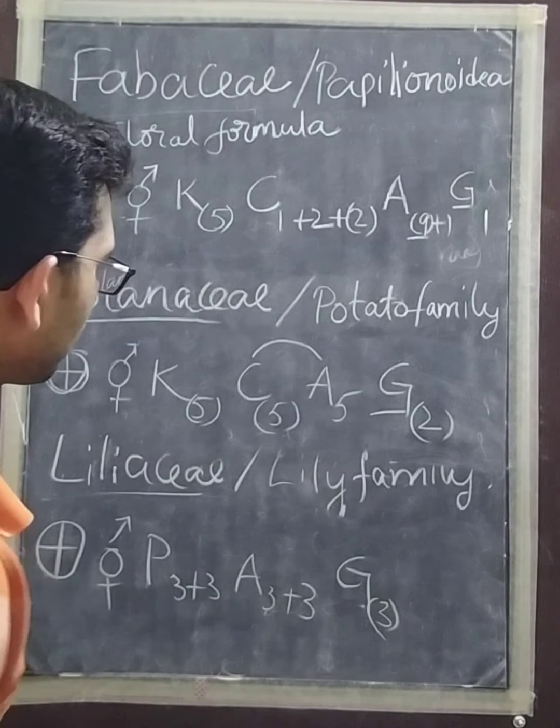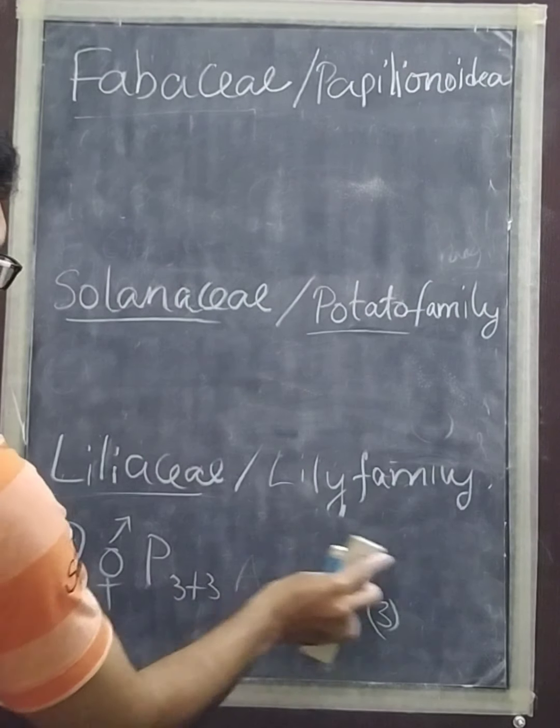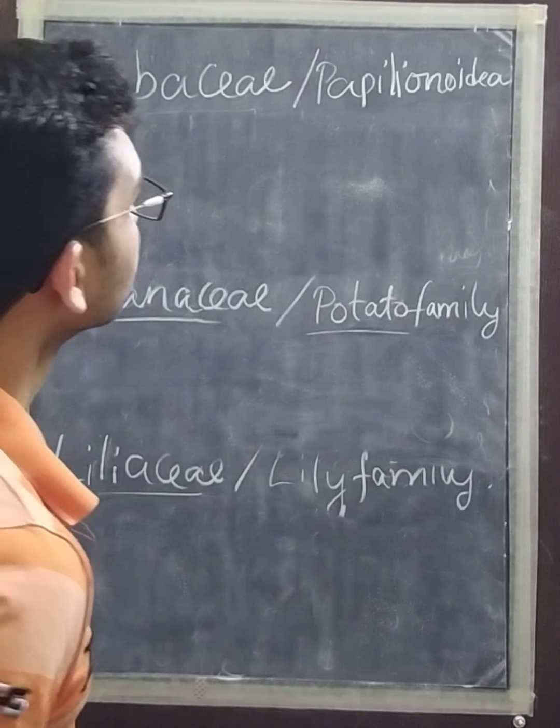Now after discussing the floral formula, we will move on to the economic importance of these families. So economic importance means how it is helpful for humans. In which way these are helpful to man. So the Solanaceae family, most of them are vegetables, as we have already told. This is also known as the potato family. So the Fabaceae family.